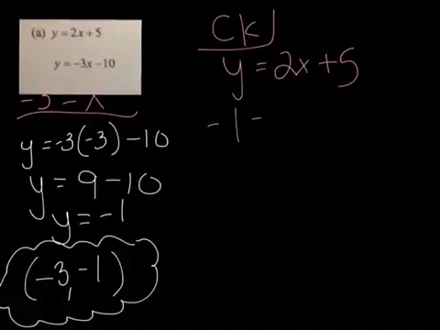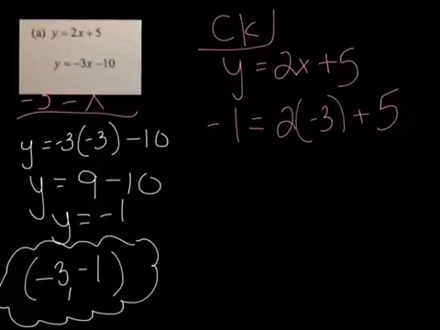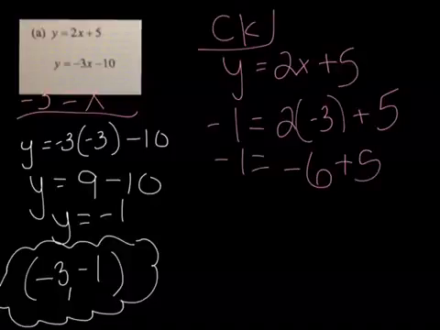Y is negative 1 equals 2 times negative 3 plus 5. 2 times negative 3 is negative 6, plus 5 equals negative 1. And negative 6 plus 5 is indeed negative 1. So negative 1 does equal negative 1. That is correct. Pause the video and make sure your notes are looking spiffy.